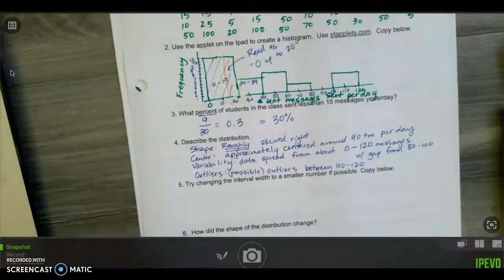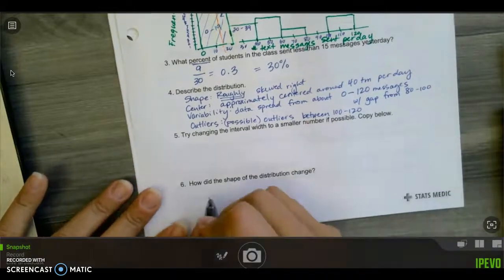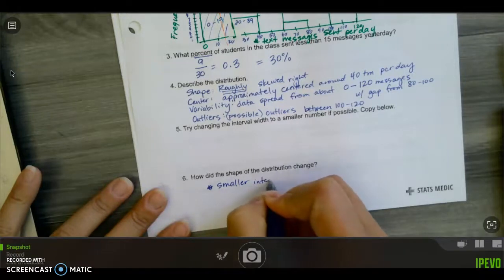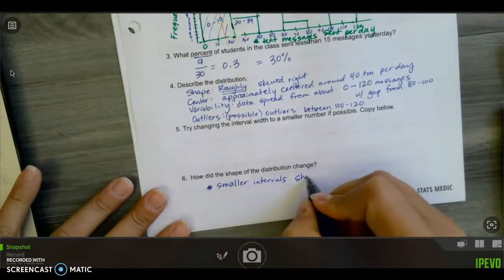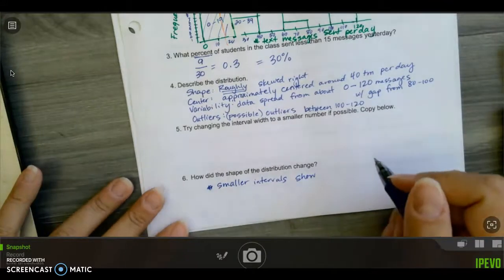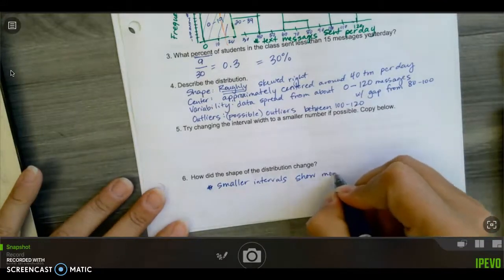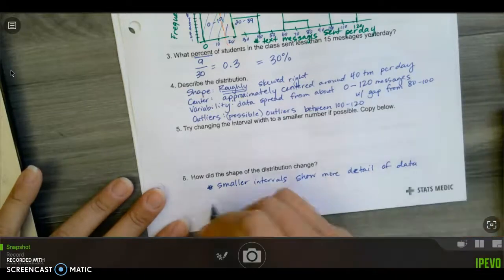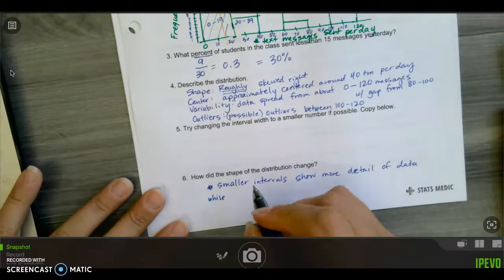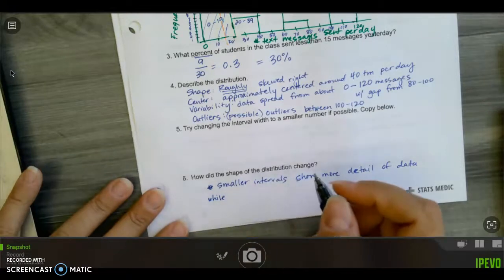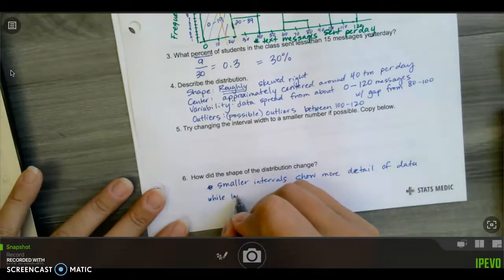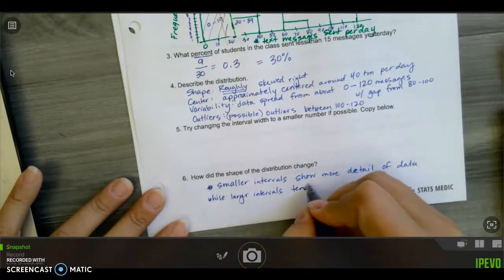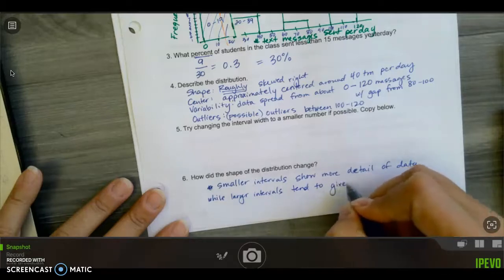So I would say more or smaller intervals show more detail of the data, while larger intervals tend to give us a better big picture.